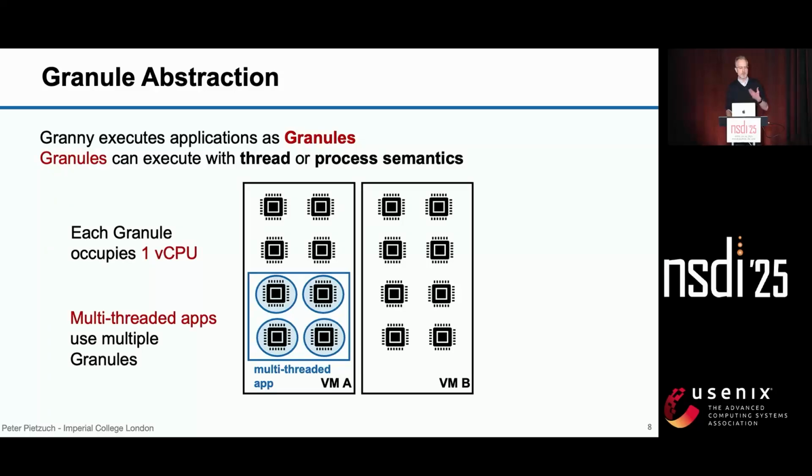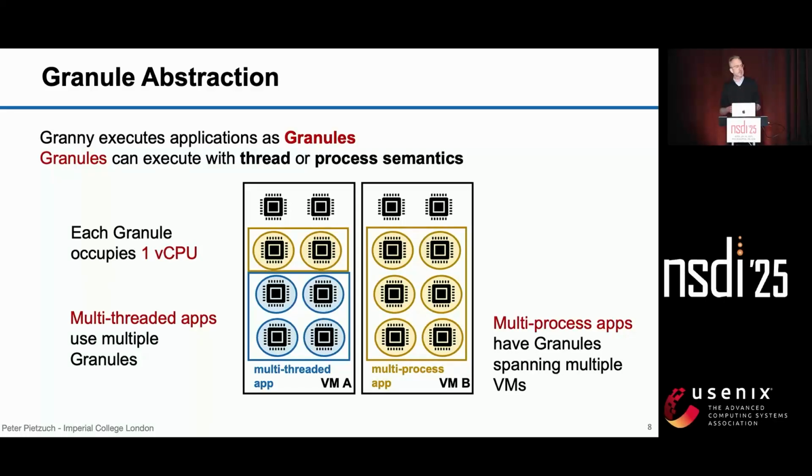If we have a multi-threaded application, that application would be represented as multiple granules that run on the same virtual machine, as shown here in blue. If we have a multi-process application, that application will simply have multiple granules that now span several virtual machines, as shown for the yellow application here.